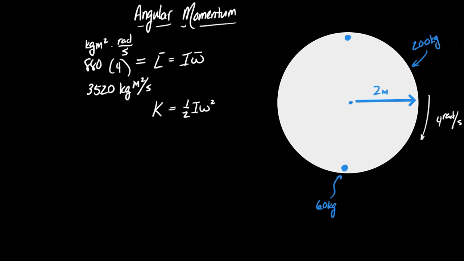All right. So now we'll deal with the energy. So let's start right here. 1/2 880 times 4 squared, giving us 7040, and that's kilograms meters squared per second squared, which is a joule.